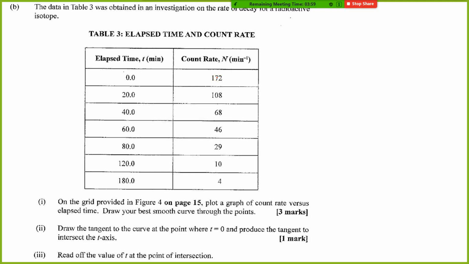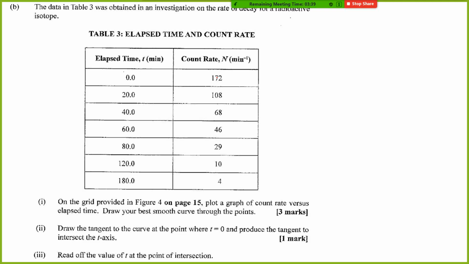When the time is at 0 minutes, it has a very high count rate, meaning the count rate meter, or the Geiger Muller tube, is detecting a lot of radioactive substance.